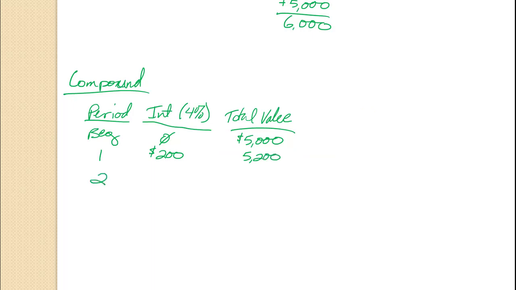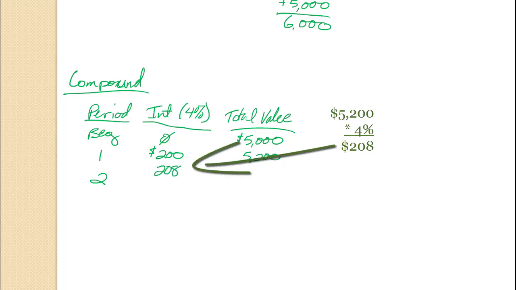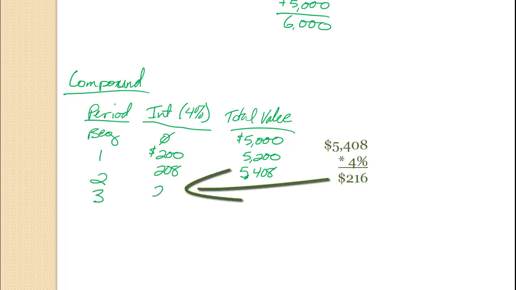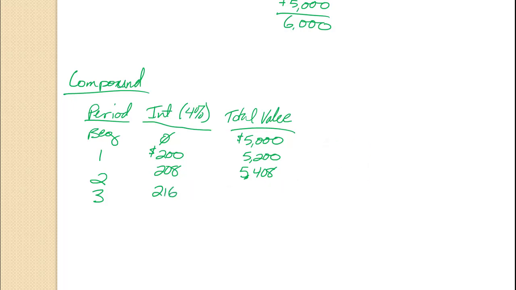At the end of year two, interest is now accrued not on the 5,000, but on this 5,200. So 5,200 times 4% is $208. And I now have 5,408 in my account. Year three, same idea. 5,408 times 4%, and I'm just going to round these to the nearest dollar. 216, 5,624.